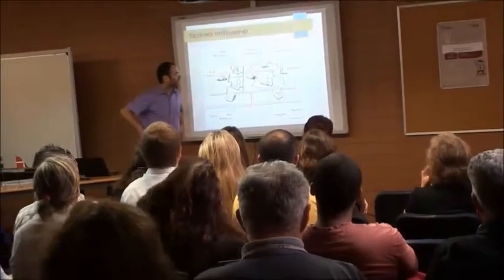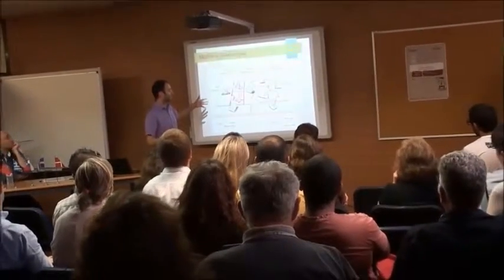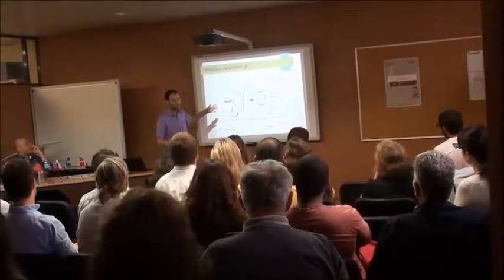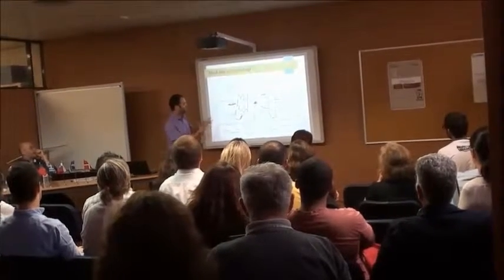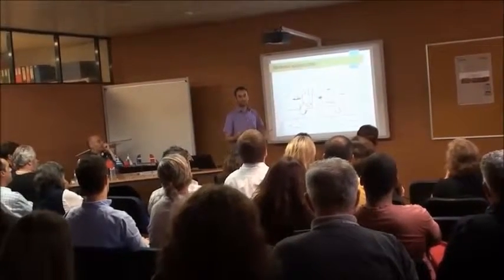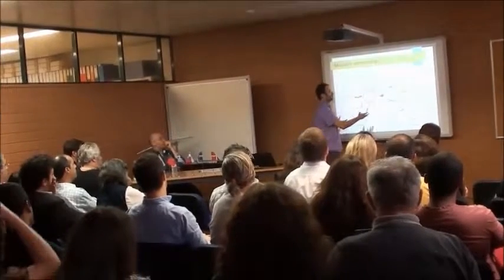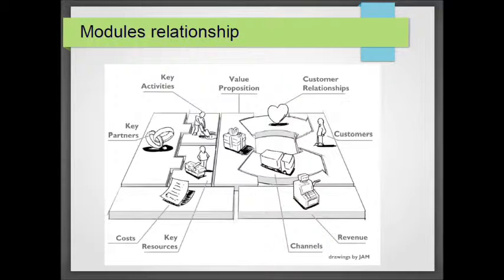Now, schematically, this part of Osterwalder's book is a diagram that very neatly shows how these models interact with each other. So we have a value that we have to bring to the customer, but we also want to build a relationship with the customer.